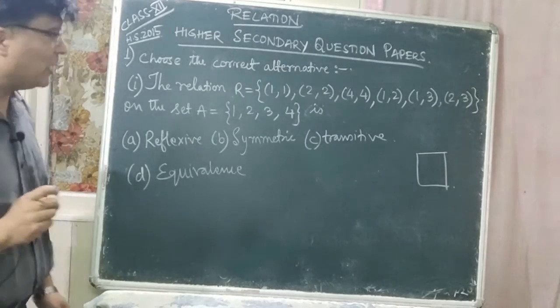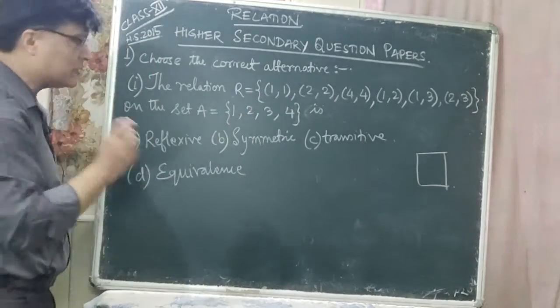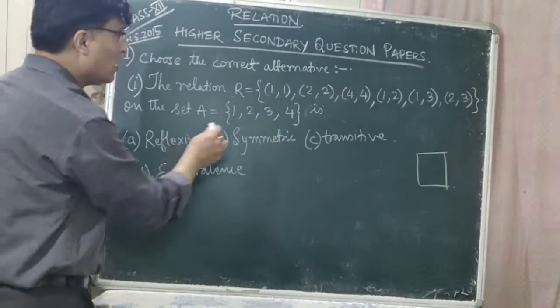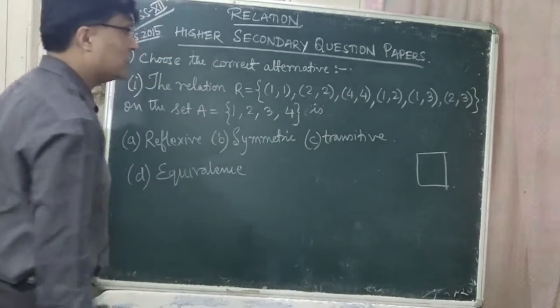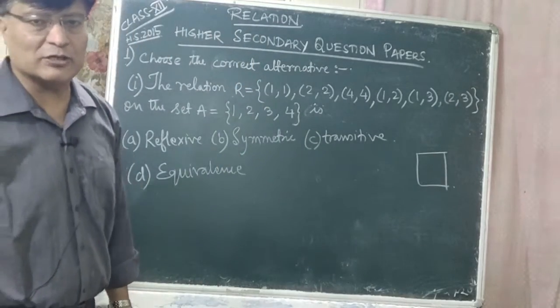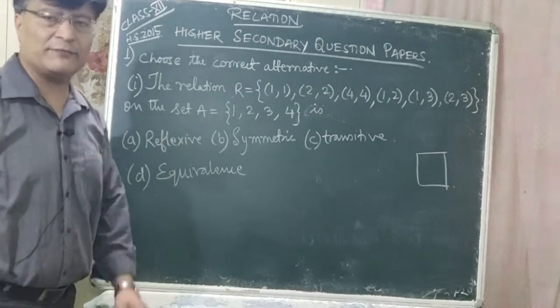For (1,1), it is there, yes. For (2,2), yes, there is. For (3,3) should be there. Is there (3,3)? No. That means it is not a reflexive relation. Is that clear now? So it is not a reflexive relation.